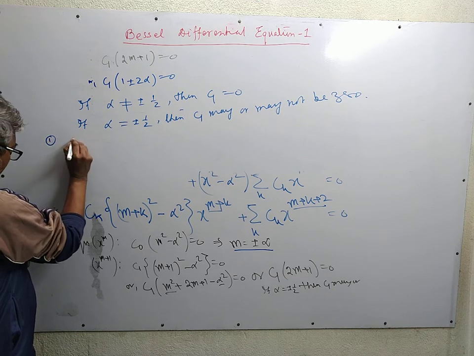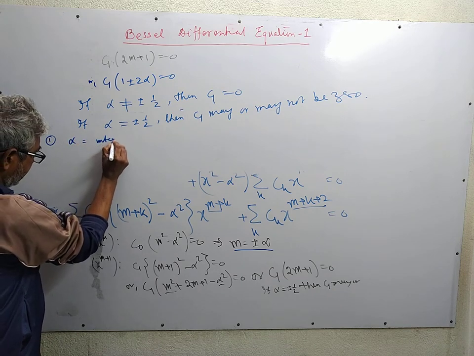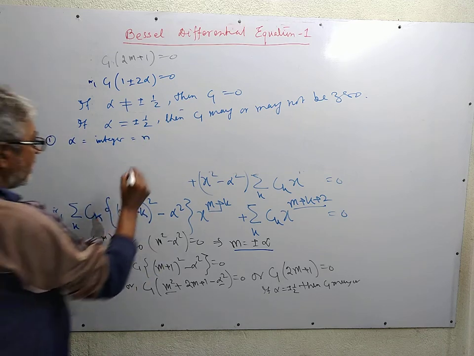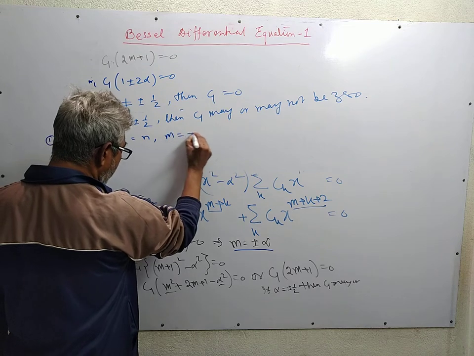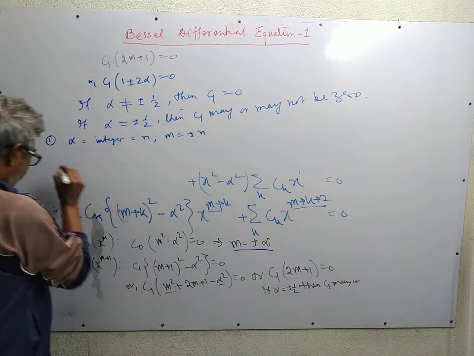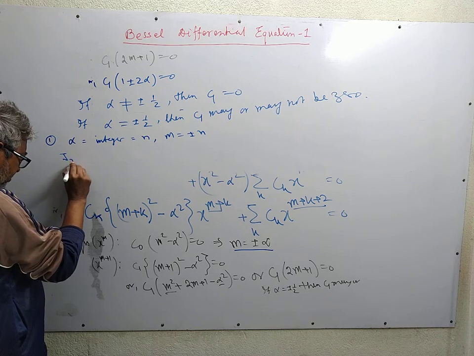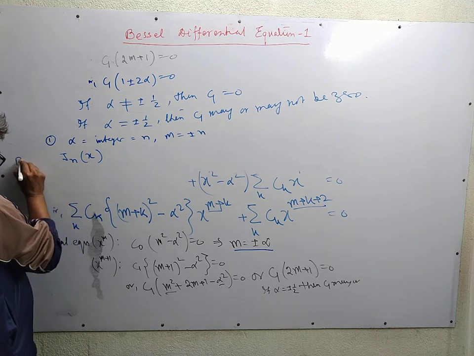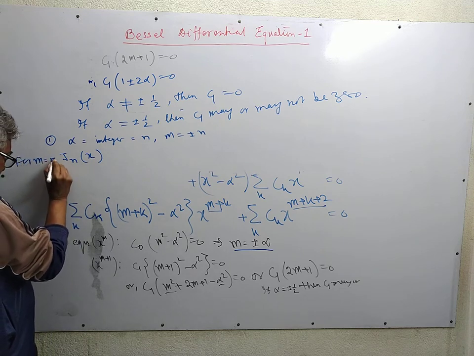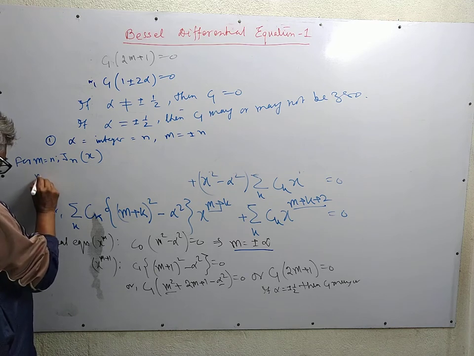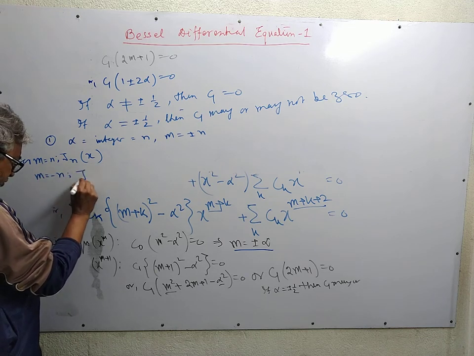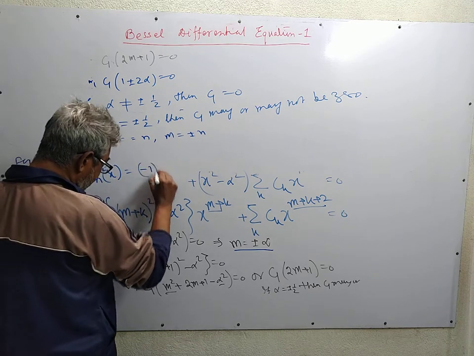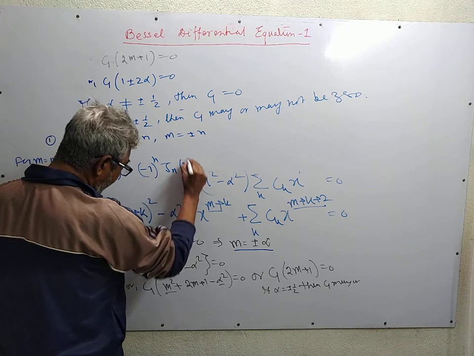First point, alpha is equal to an integer, say n. Then we have two roots, m equal to plus minus n. For m equal to n, the solution is known as Jn(x), and for m equal to minus n, the solution is known as J-n(x), and we shall show afterwards that this is equal to Jn of minus x.